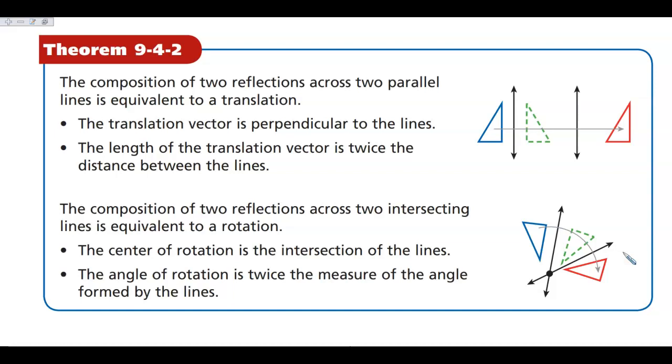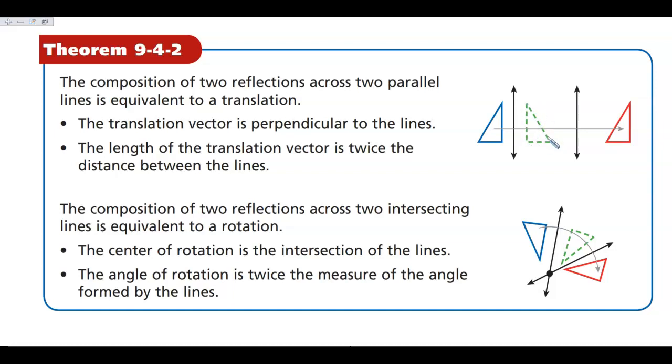Okay, we talked about a glide reflection. So now I want to talk about reflections across two different lines. Okay, if I reflect across two parallel lines, then if I look at it as one transformation, it's the same thing as a translation. So if I look here and I start with this blue triangle and I reflect it over this first line, I get this green dotted triangle.